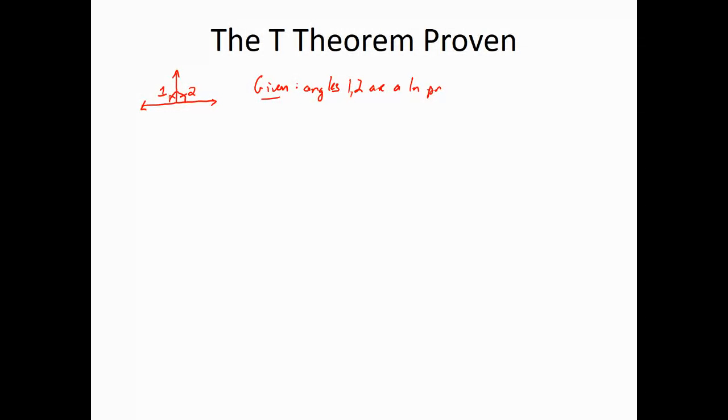And here's the second part of the given, that the measure of angle 1 is equal to the measure of angle 2. And what we wish to prove is that angles 1 and 2 are right. All right, so let's put this proof together ourselves. How about just simply S for statements, F for from, and B for by.